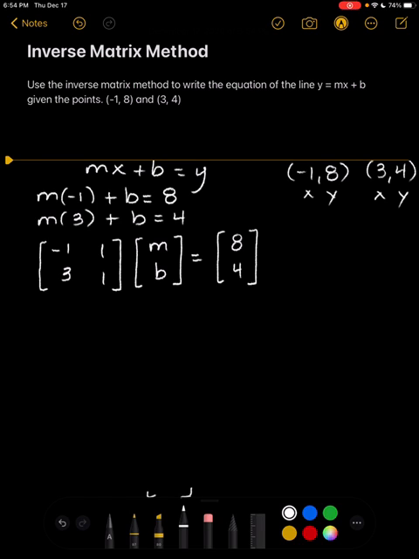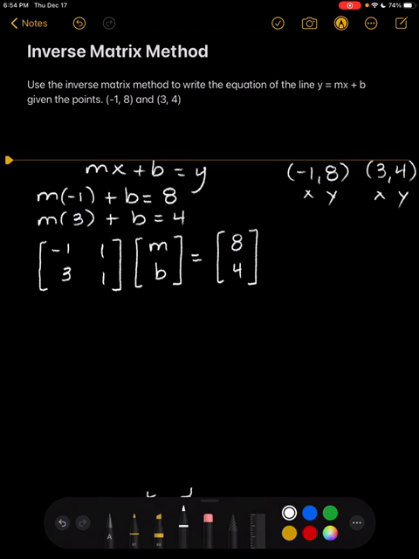So if you multiply this row by this column, you would get this equation here at the top, which obviously will equal that 8. And if you multiply this row by this column, you'll get the second equation, which is this right here. I just wanted to make sure you can visualize that.